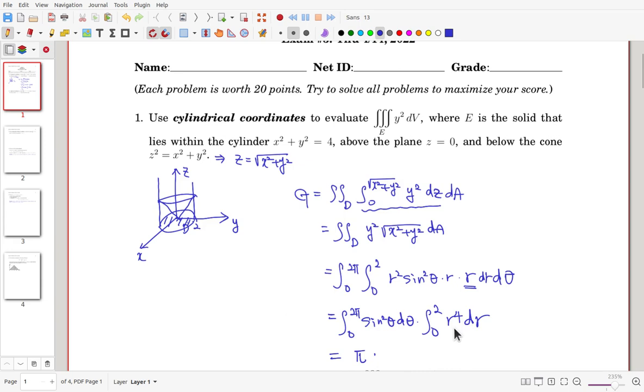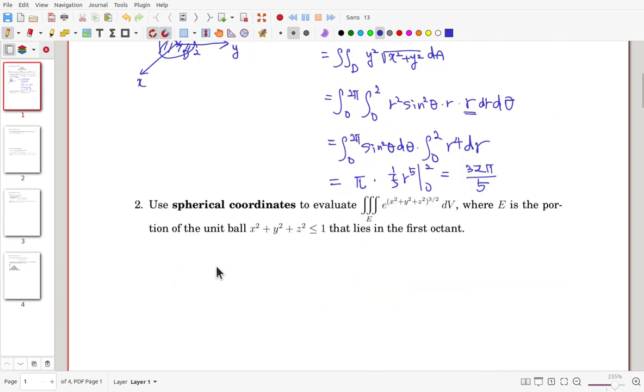And from this one, now 1 over 5 r to the 5, from 0 to 2, that is 32, so 32 pi over 5. That's the final answer. Let's go to the second problem.